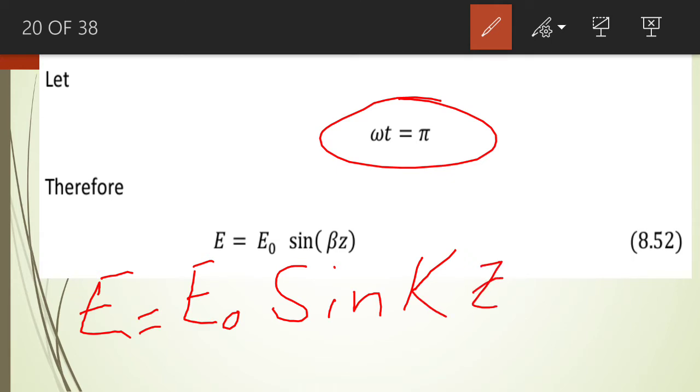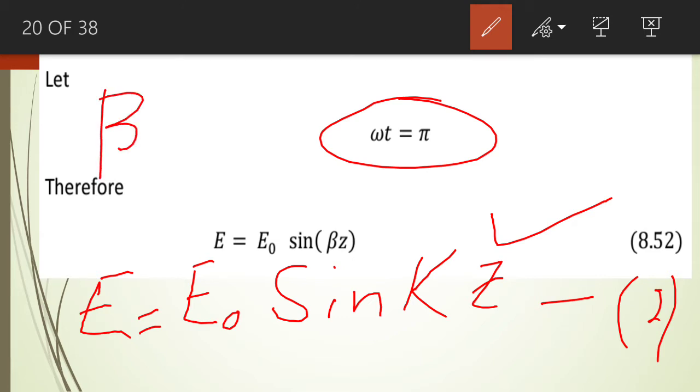You see this magnitude is changing with respect to distance only. Beta in this particular case is equal to k.